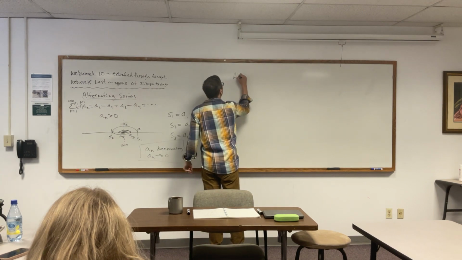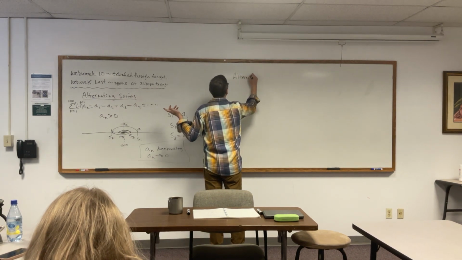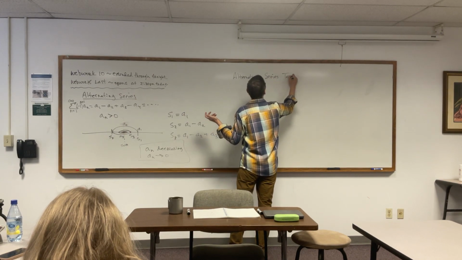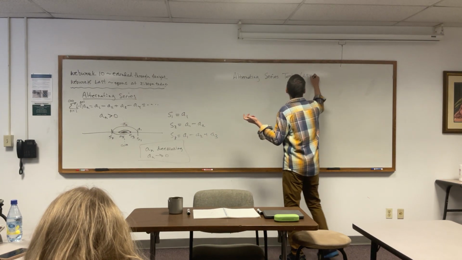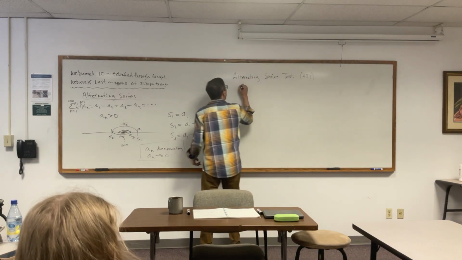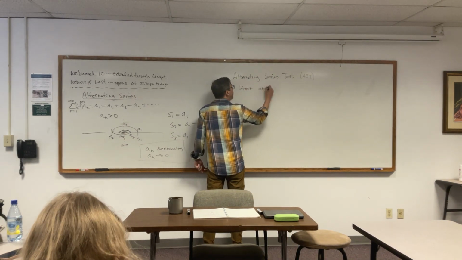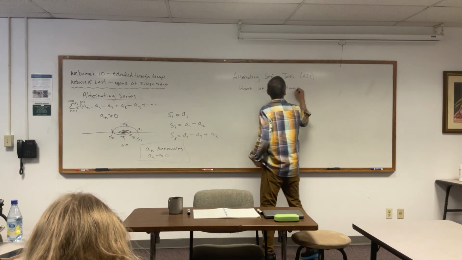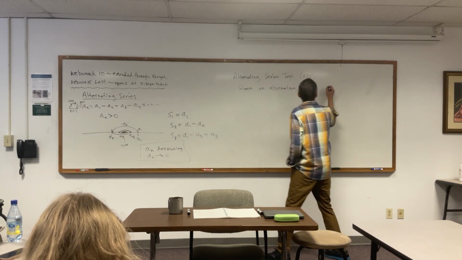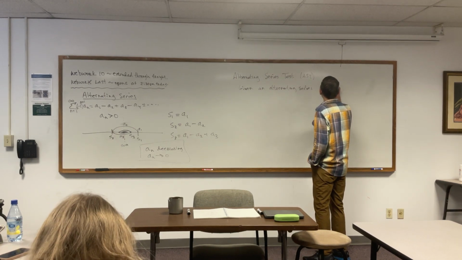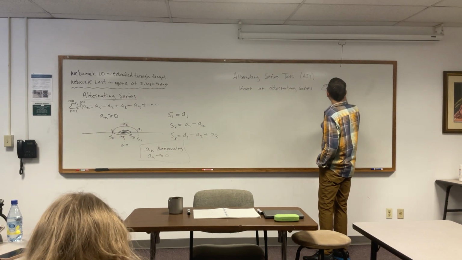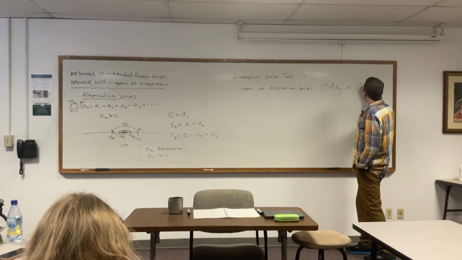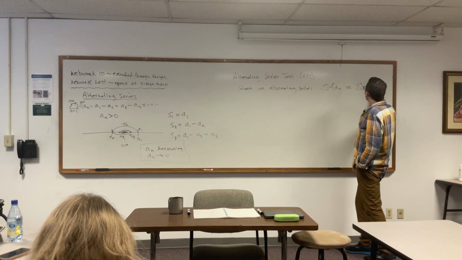The alternating series test is not on your sheet of tools, but it should be. So let's abbreviate that AST. Given an alternating series, we're going to write this like this: (-1) to the n, A sub n, or it could start with a different parity.